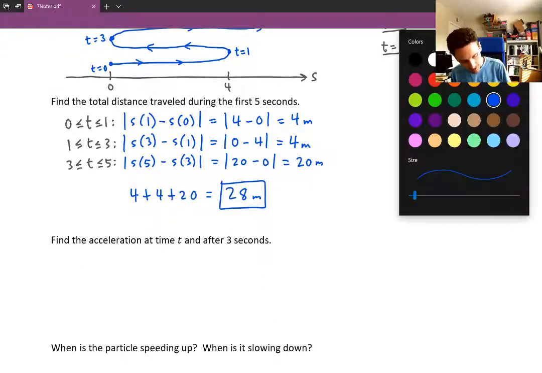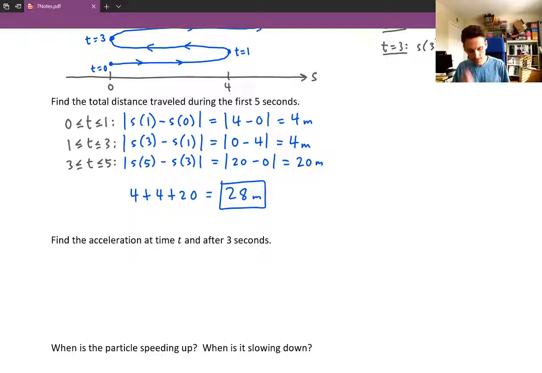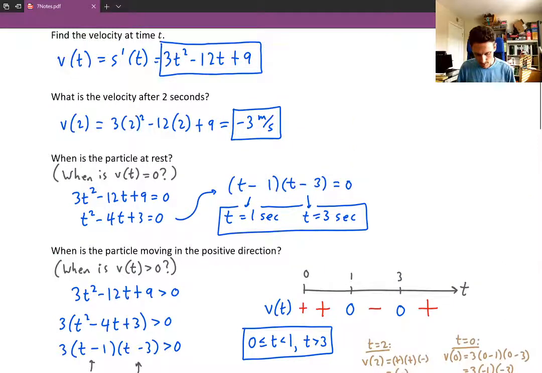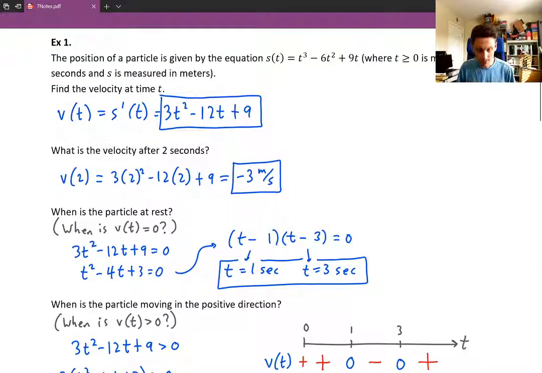Okay, the next question asks, find the acceleration at time t and after 3 seconds. Remember, acceleration is the derivative of the velocity function, also the second derivative of the position function. But here we have the velocity function already, and I'll just scroll up so you can see what that was. Remember, we got the velocity function at the very beginning.